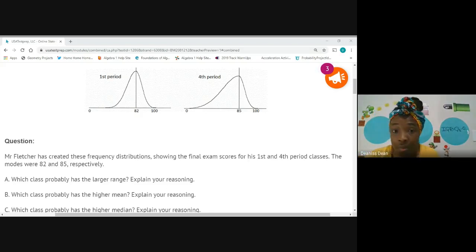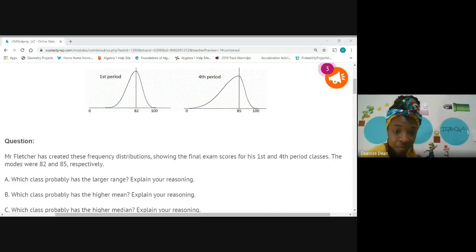No, the line does not represent the middle. No, that line does not represent the middle.